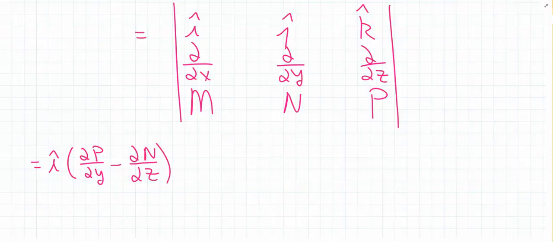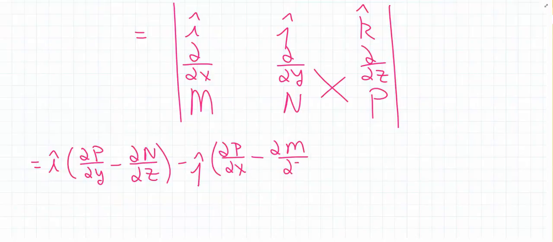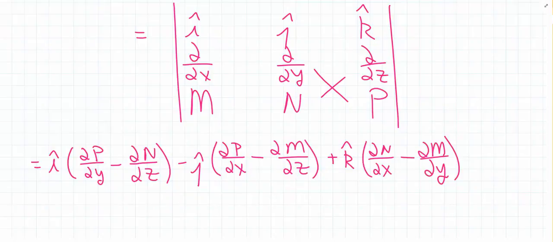That's the first part. Now I'm going to proceed just as we always do, partial p with respect to x minus partial m with respect to z. And then finally, the last one, partial n with respect to x minus partial m with respect to y. And that's how we're going to define curl in R3.